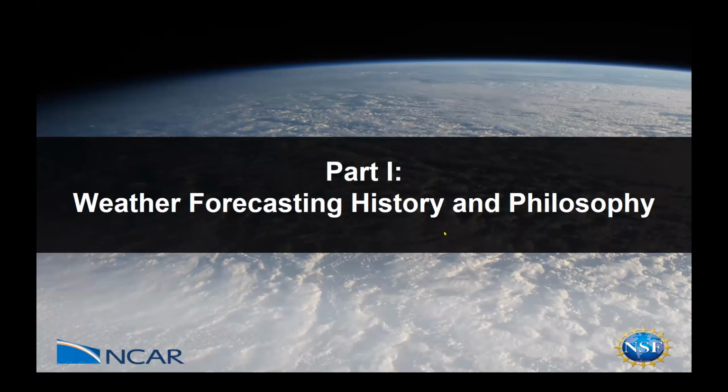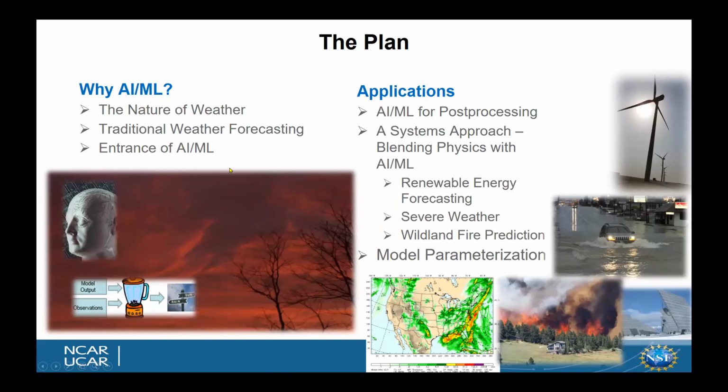We're going to start by talking about why we are using AI machine learning as part of weather forecasting. We'll talk a little bit about the nature of weather and how we've traditionally done some weather forecasting and where we can begin to use AI machine learning in weather forecasting. Then we'll move to some specific applications. One of the biggest uses for machine learning is in post-processing of numerical weather prediction systems.